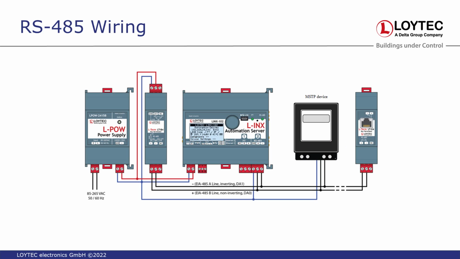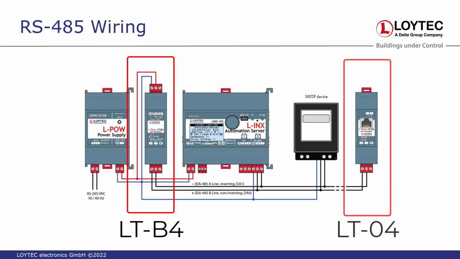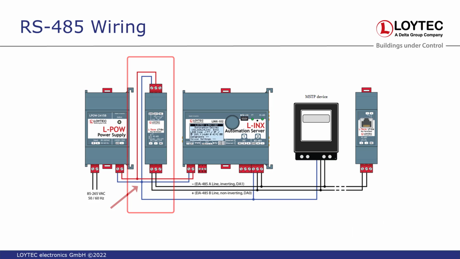To summarize the wiring, the optimal installation should contain a biasing circuit, for example LOYTEC LT-B4, on the beginning of the line and a 120 ohm resistor located at the end of the channel. The reference mass should be connected between each of the BACnet MSTP devices and the ground of the secondary side of the power supply.